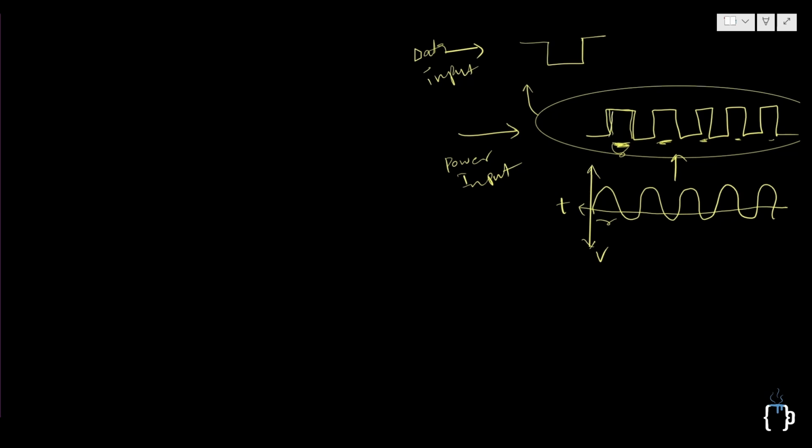When there is a positive stroke of power and a negative stroke of data, it is treated as 0. And for the next positive stroke, if there is a positive stroke of data, this is considered 1.